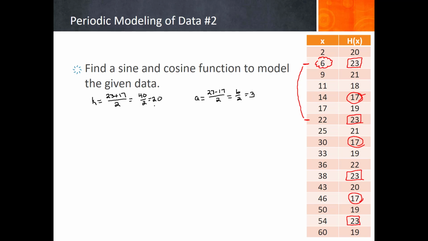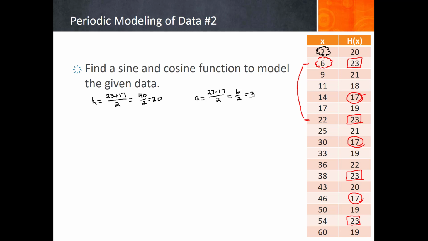So think about this midline. Knowing that 20 is the midline is important for our sine function, because that's where it's going to start. So we want to find the x value for when it hits 20 the first time. And the nice thing here is 20 is the very first value, and that's when x is 2. So there's our x coordinate for sine.